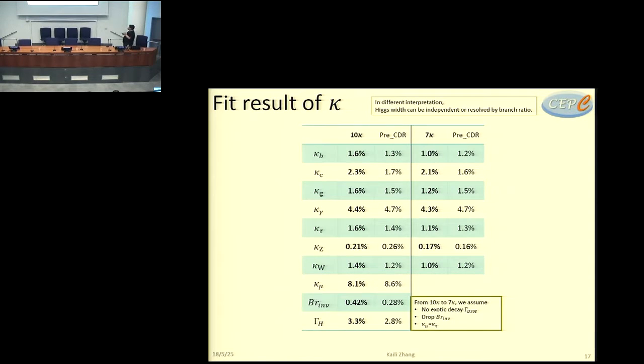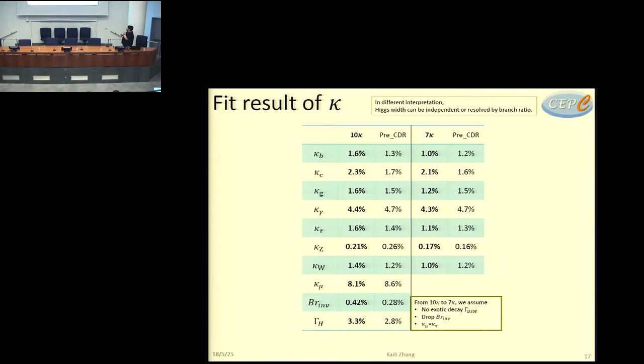In the 10 kappa framework, the Higgs width is resolved by the different channels, and we assume there is no exotic decay of the Higgs, the width of the beyond standard model, and we also drop the branching ratio of the beyond standard model invisible, and we assume that kappa mu is equal to kappa tau. So here we get the 7 kappas, and we can say the 7 kappa is much better than the 10 kappa because we have the independent Higgs width result, and the Higgs width is correlated to all the channels.